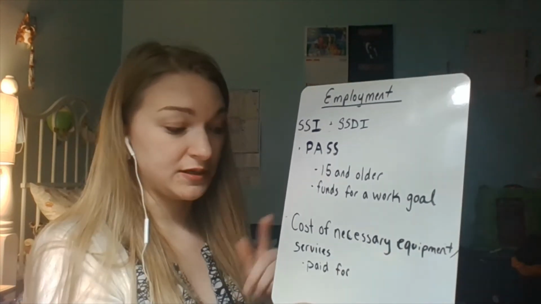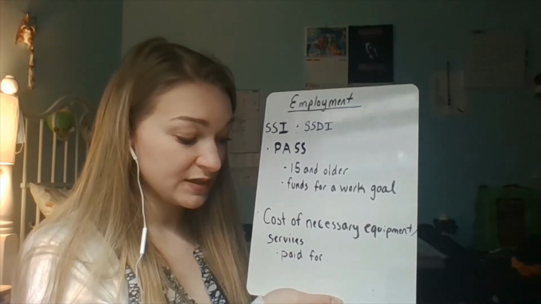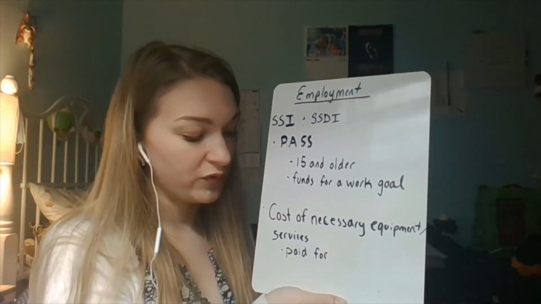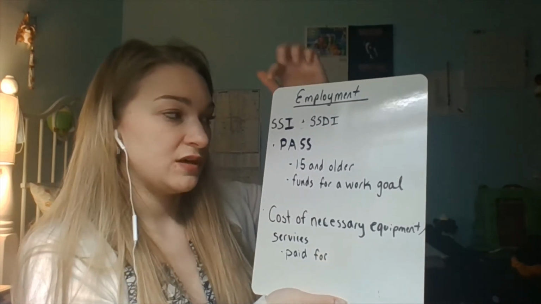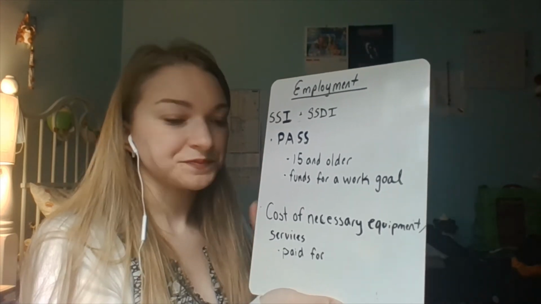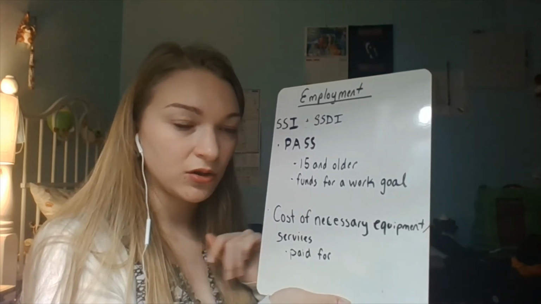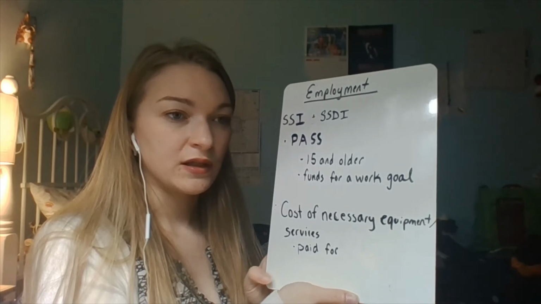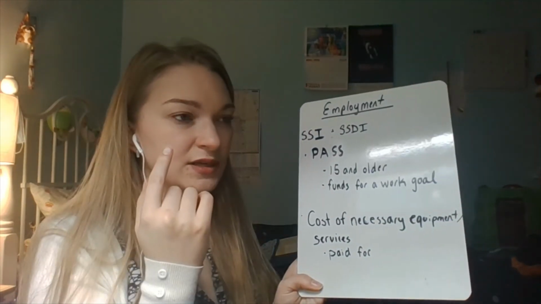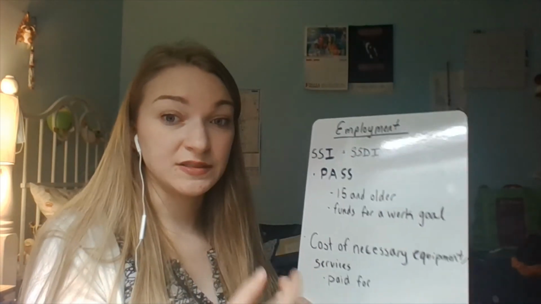So that brings us to the next point, which is the cost of necessary equipment and services. Basically, they will pay for these services if you receive SSI or SSDI. And on top of that, when they pay for these services, that does not count at all towards the earned income that the SSI qualification is based on.